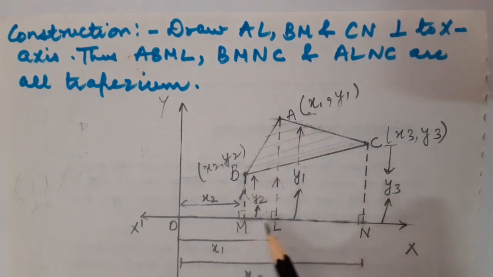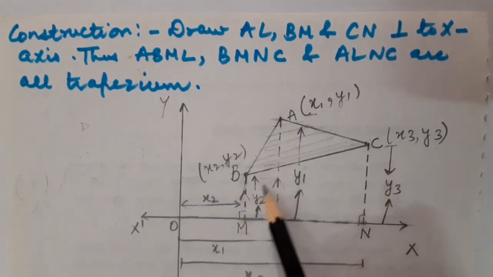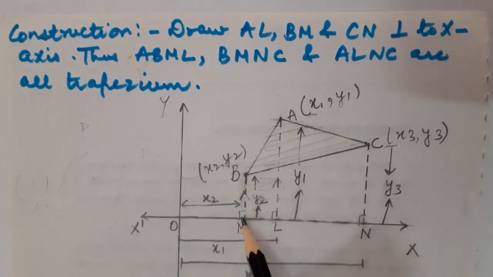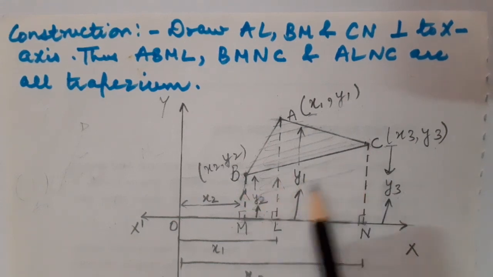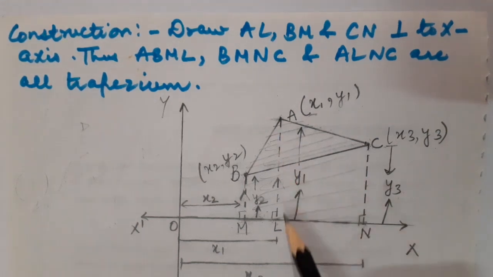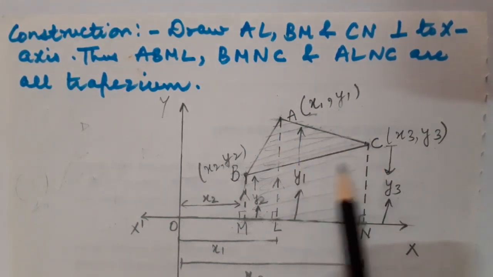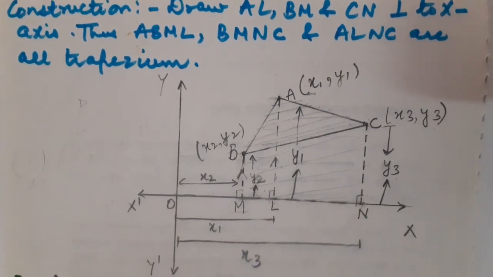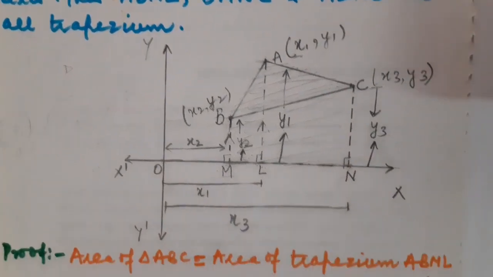That ABML, this complete part ABML, has become a trapezium. Then BM and C, this is B, M, N and C, has also become a trapezium. Okay. Now let us talk about the third trapezium. This is AL, N and C. This has also become a complete trapezium. Correct, students? Now let us switch to its proof.